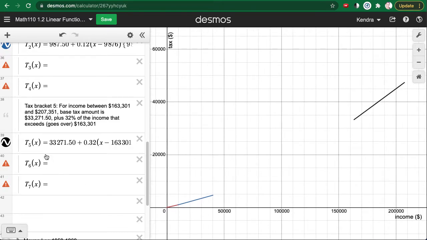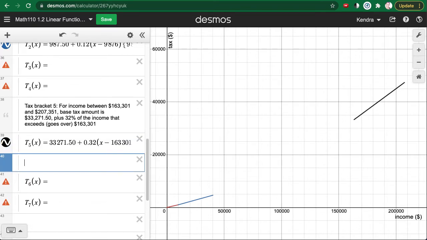But I want to take a moment to look at the meaning of these numbers, okay? So what are these numbers? What are the meanings of these numbers?